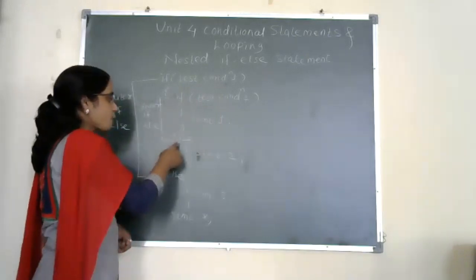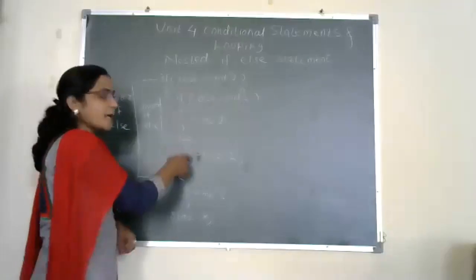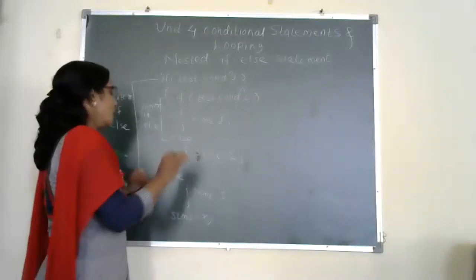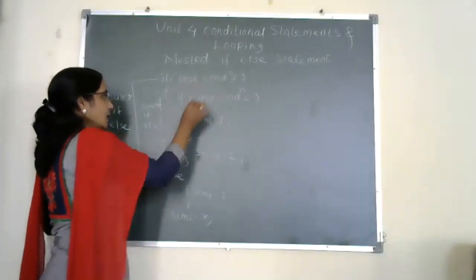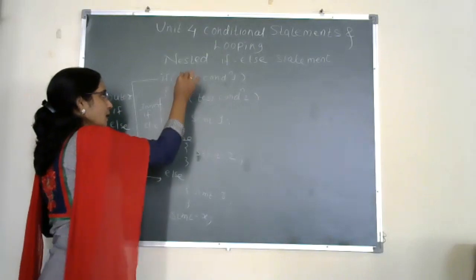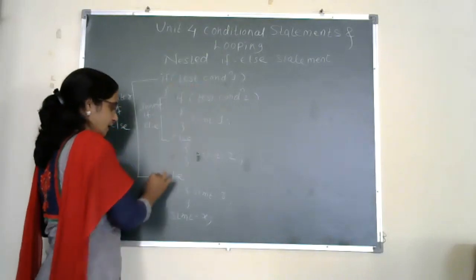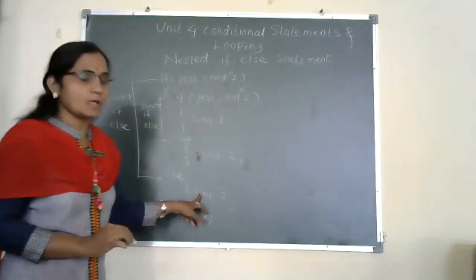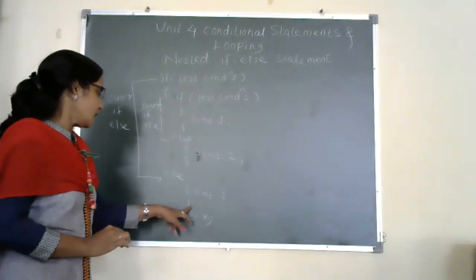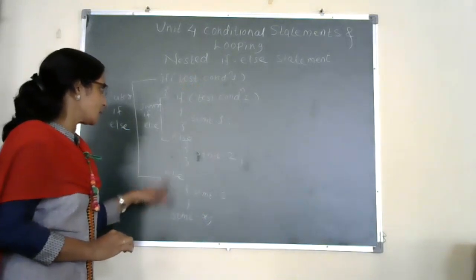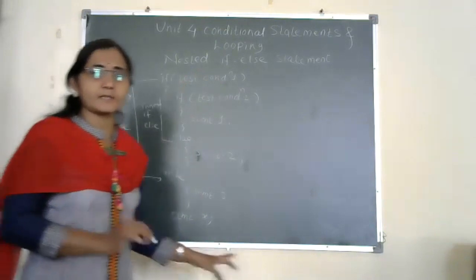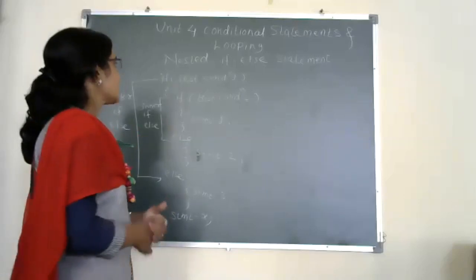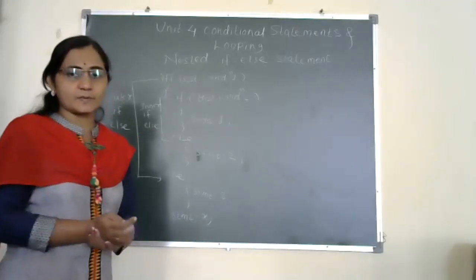If the result becomes false, then it directly jumps to the else part and evaluates the statement 2 block. Otherwise, if test condition 1 becomes false, then it directly jumps to the else part and the statement 3 block will be evaluated. After this, the sequential statement just below this complete structure, statement X, will be evaluated by default. So this is called the nested if-else statement.